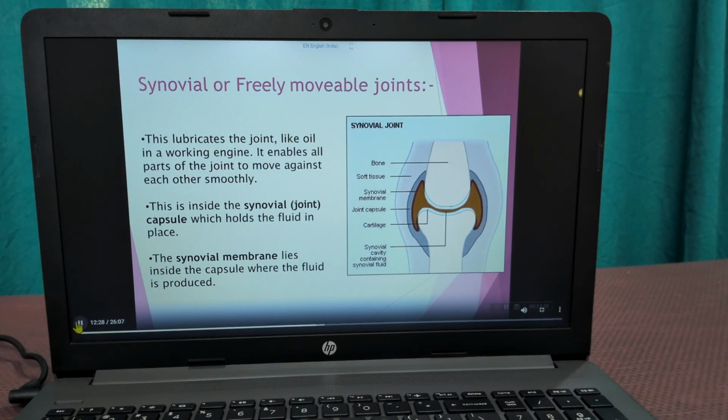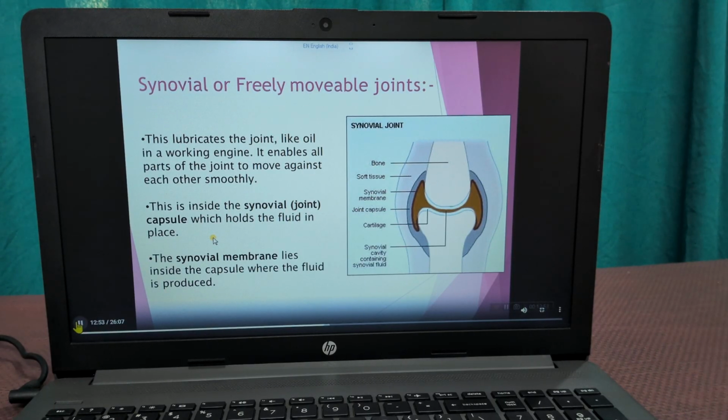Alright. So I already told you that the function of the synovial joint is that it lubricates the joint, which reduces the friction. Due to the reduction in friction, there is a chance of greater, smoother movement. Inside that there is also a synovial capsule which contains the fluid in place.